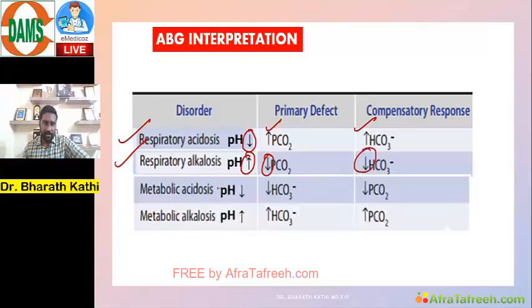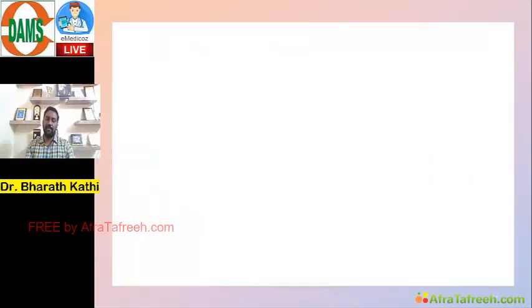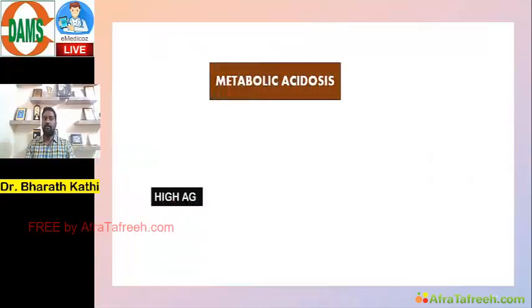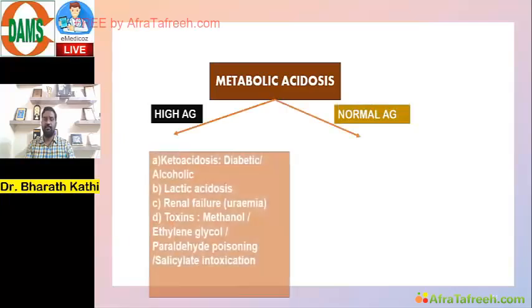If it is metabolic, the change in pH with respect to parameters will be in the same direction. After knowing whether it is respiratory or metabolic, you should calculate the compensation and then the anion gap to categorize it into high or normal anion gap metabolic acidosis.